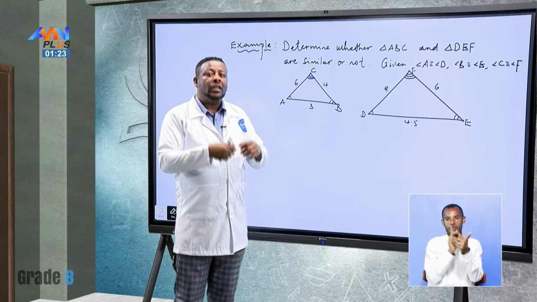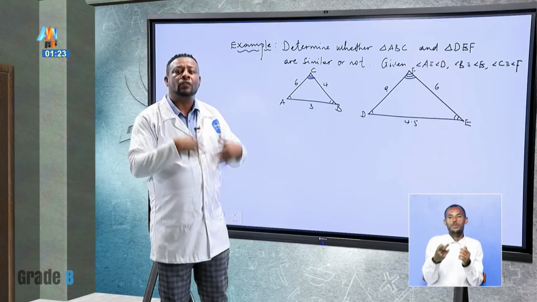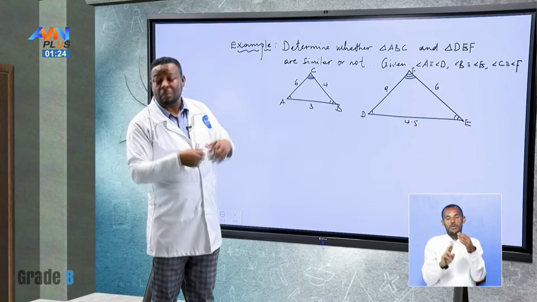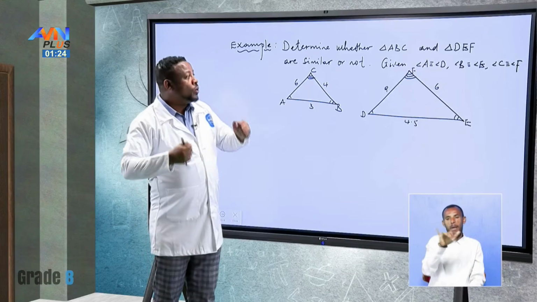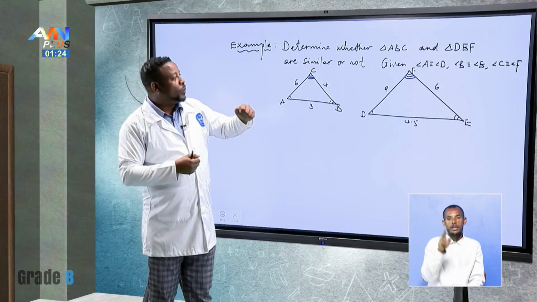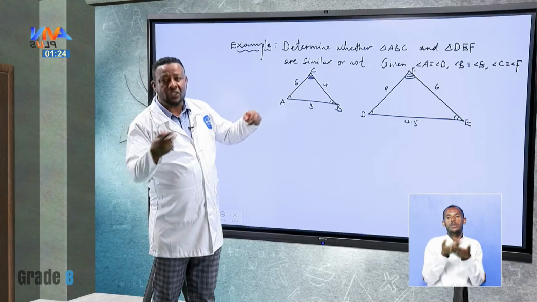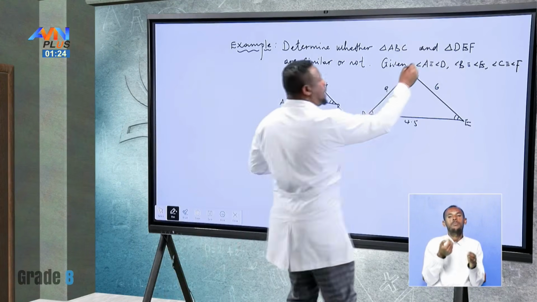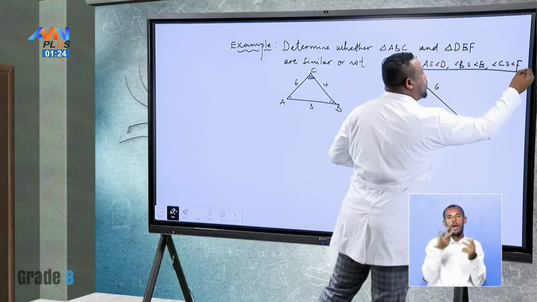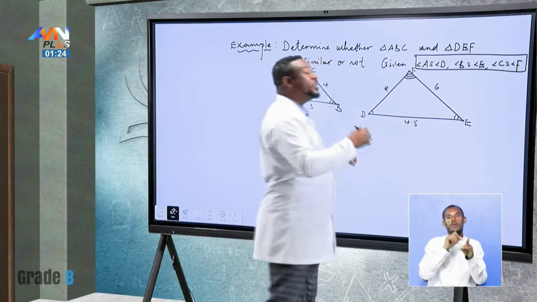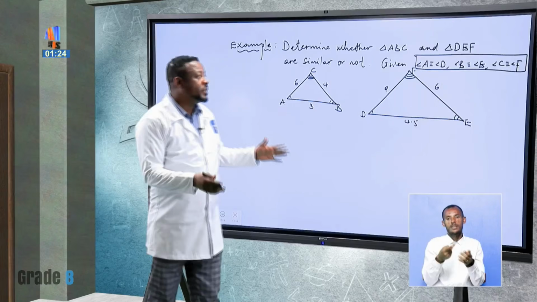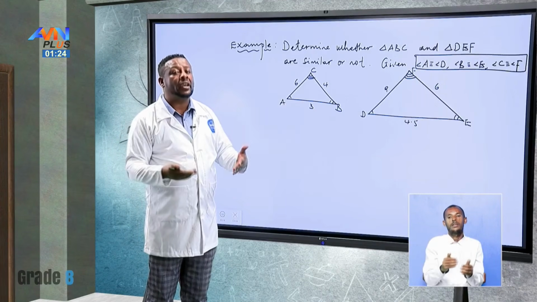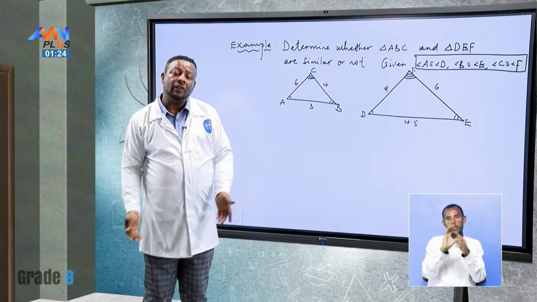The other thing, the ratio of corresponding sides must be the same. So we will check whether these two conditions are satisfied or not. From the given information, we don't need to check the first condition on the definition, because all pairs of corresponding angles are congruent.